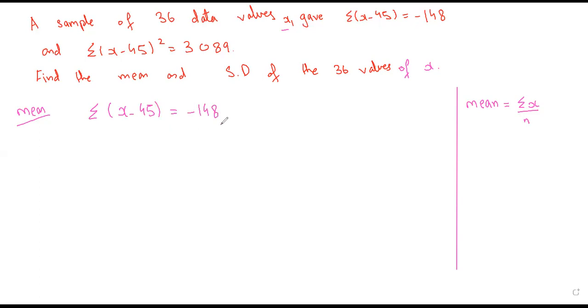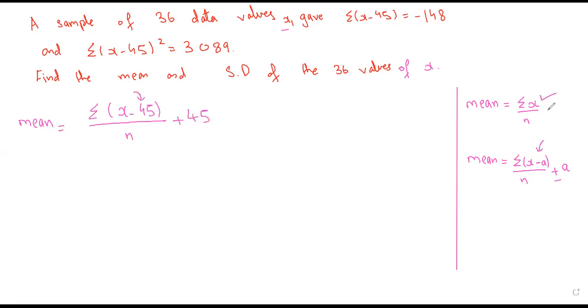Now, I told you guys for finding out mean, you can certainly use summation x minus a divided by n plus a. We were doing minus a, so now we will do plus a just to neutralize the effect of that minus a. So again, in order to find the mean, I will do this over n and then plus this number, that is 45.